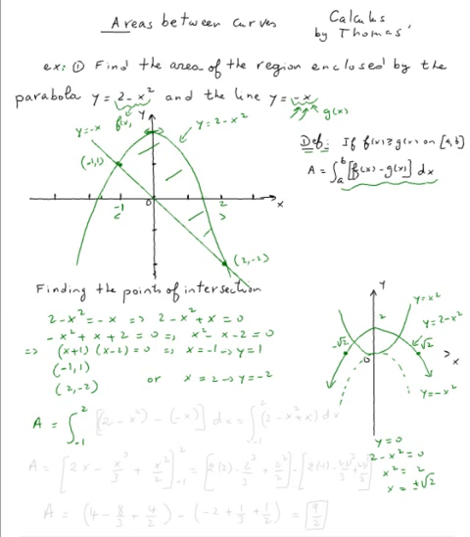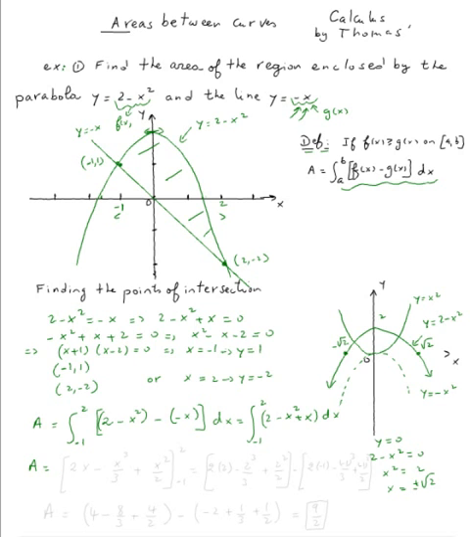So we need to write 2 minus x squared minus g of x, which is negative x, and then everything dx. This is going to be equal to the integral from negative 1 to 2. Let's simplify this: 2 minus x squared plus x, everything dx.